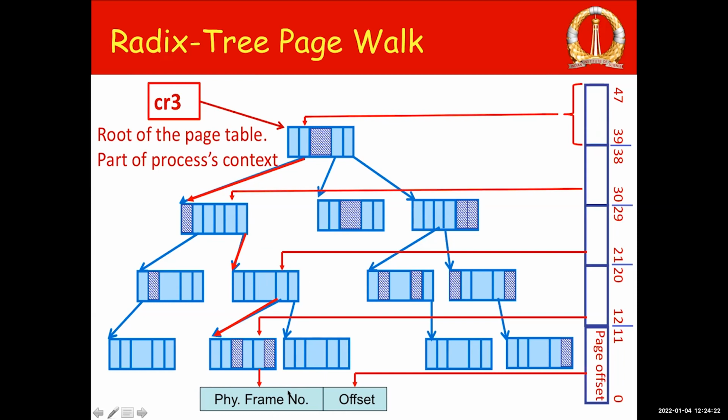This is done by a hardware walker. It is not executed as a sequence of instructions, because that would be too expensive. The hardware walker of course reads the memory, but then it does the other steps in hardware.